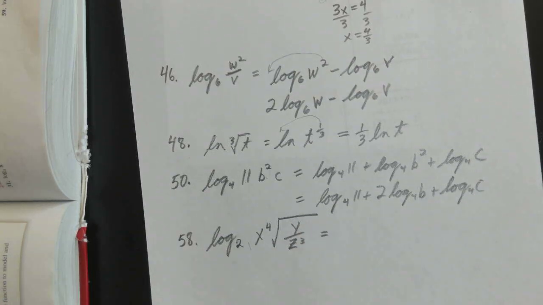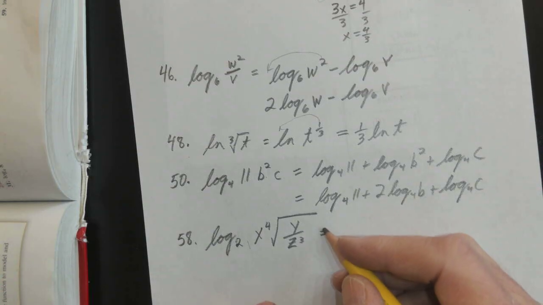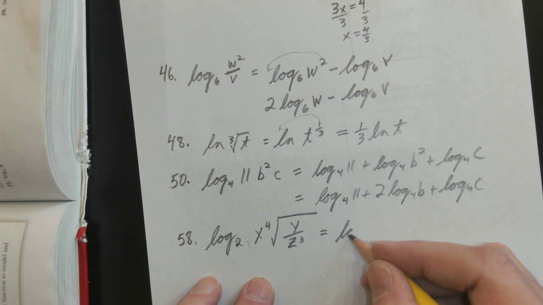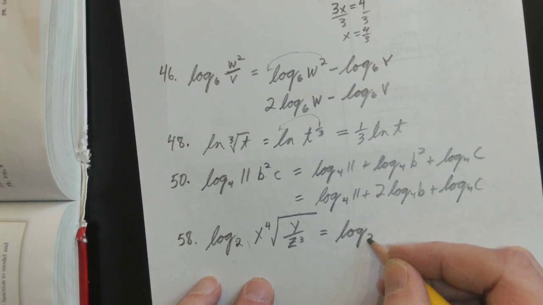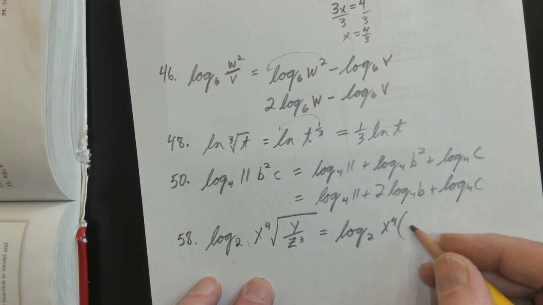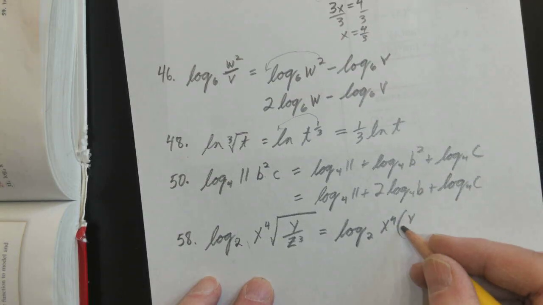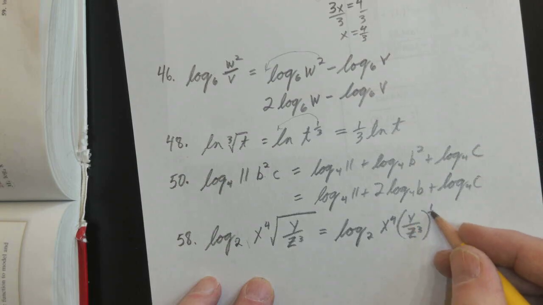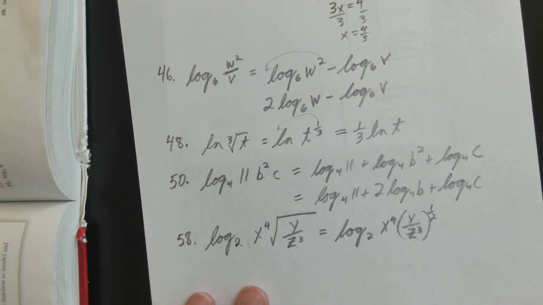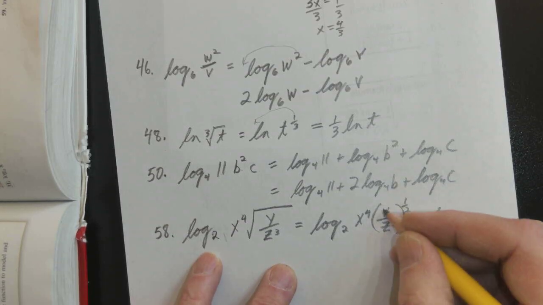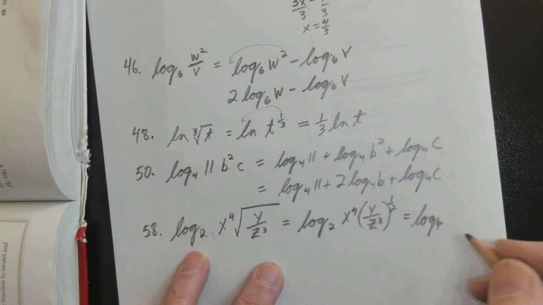Okay, I'm going to just go straight to, we've done a couple of routes today. The most efficient route was this, where we took the square root and made it a half power, and then transferred that to the numerator and denominator.